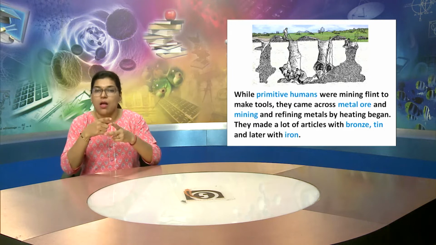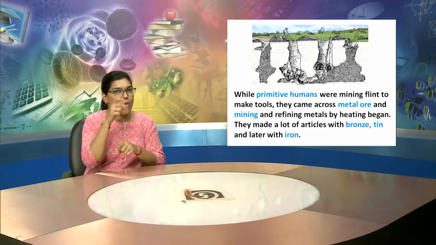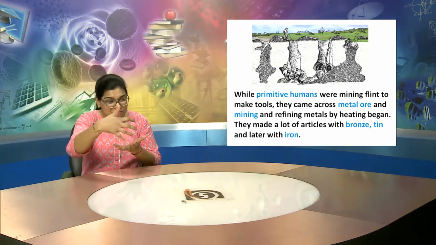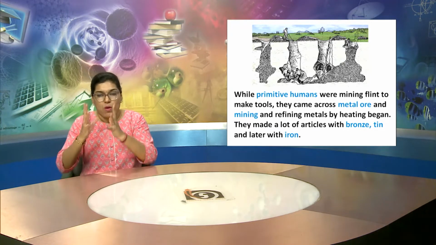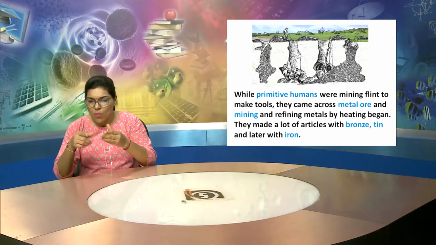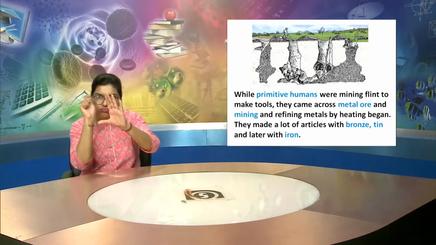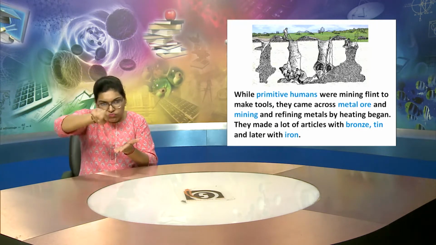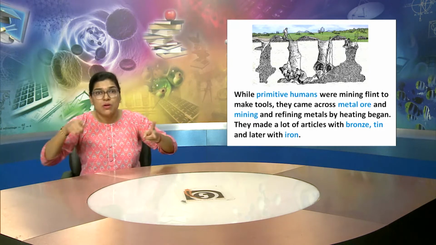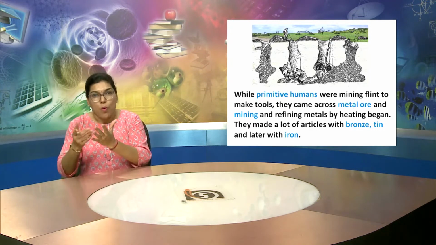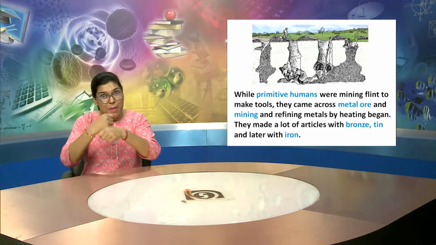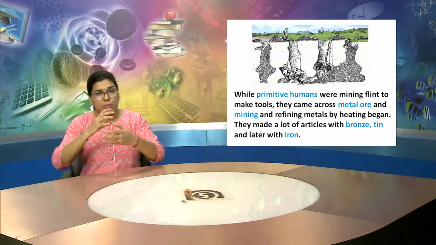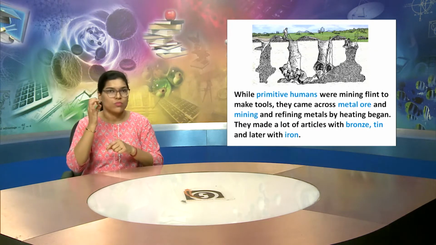When they found all those different metals and their ores, they also came to know that by heating those metals, they can make lots of articles with different kinds of metals, like bronze, tin, and also iron.